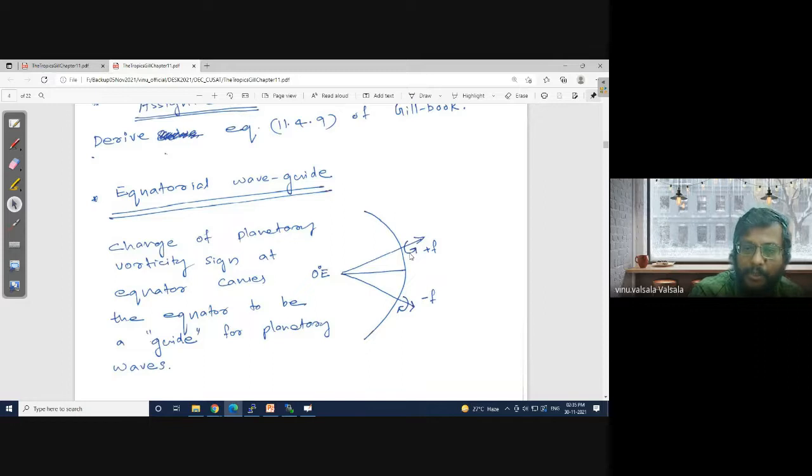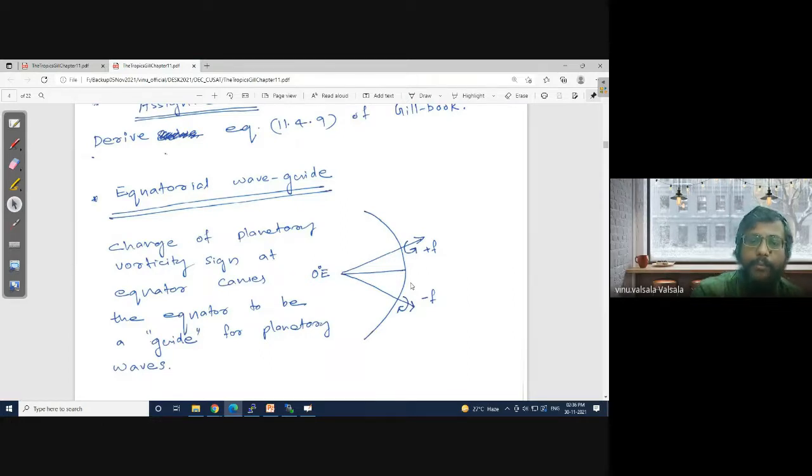That is the reason why the waves in the tropical or equatorial area are so discrete in nature. They can be n equal to 1 type of wave, n equal to 2 type of wave, n equal to 3. There is no n equal to 1.1, 1.2, 1.3 like that. So a certain discreteness of the system arrives. This is important and happens only in the equatorial region.